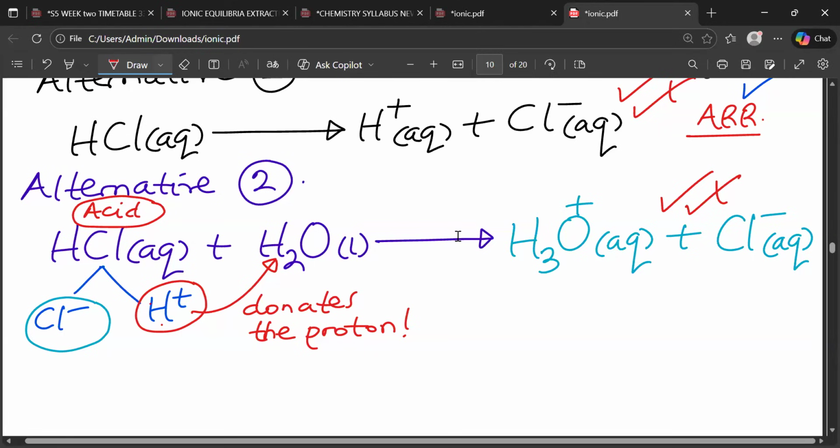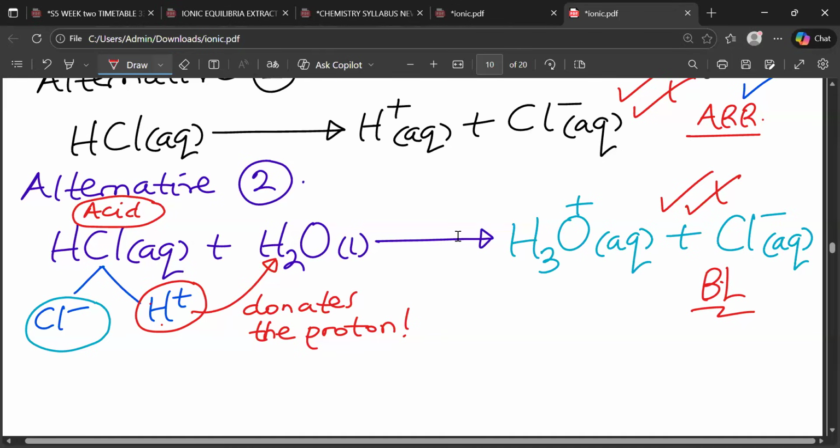So don't be surprised when I tell you that this equation is the one of the Bronsted-Lowry, because it is Bronsted-Lowry that talks about acids being proton donors. So there are two alternatives. Either Arrhenius directly from the ions just split, or Bronsted-Lowry, which talks about donating protons.